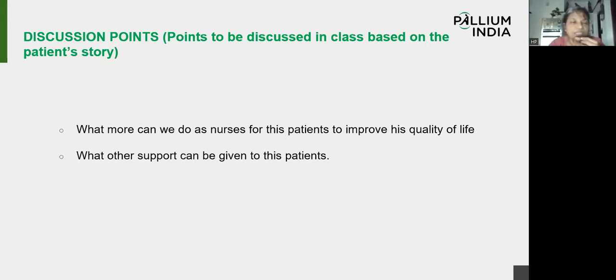So in that case, starting a home care visit from the first itself will be better. Focusing on total care of the patient, not only the physical, psychosocial, spiritual care also we have to focus.